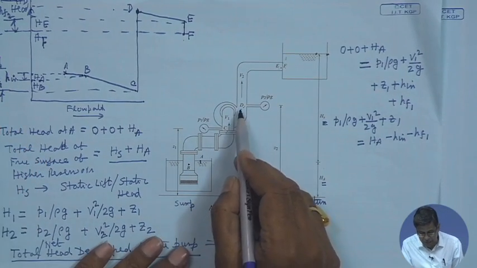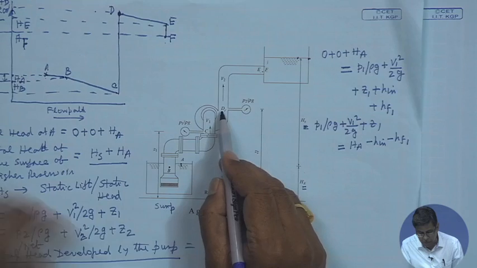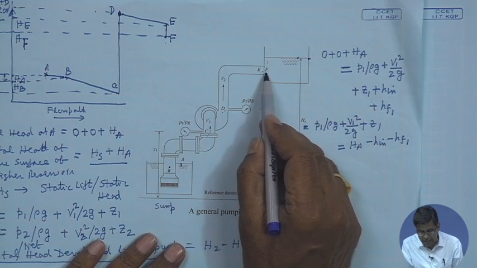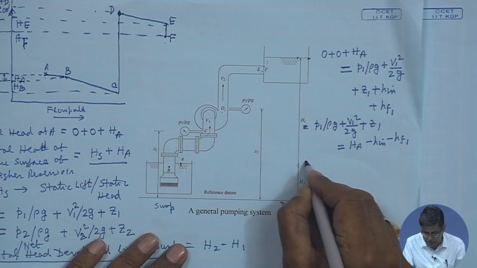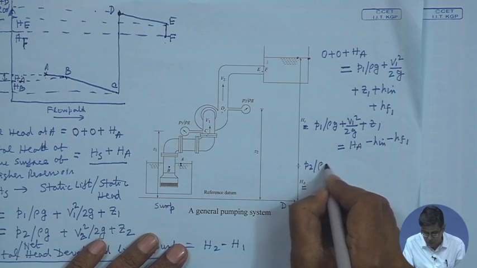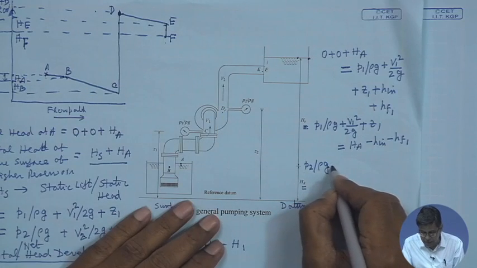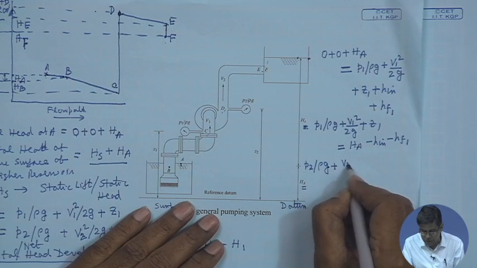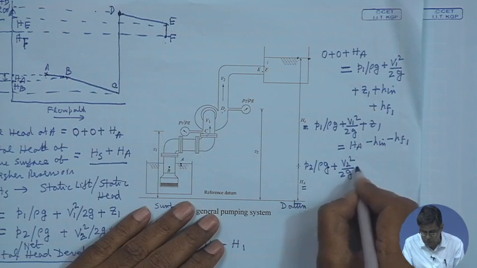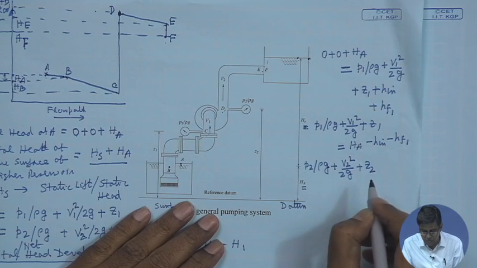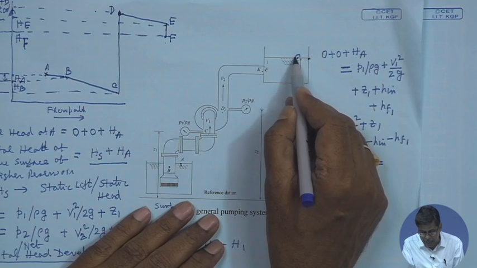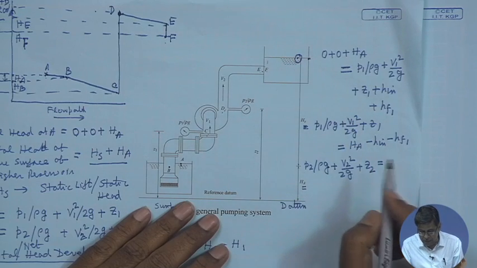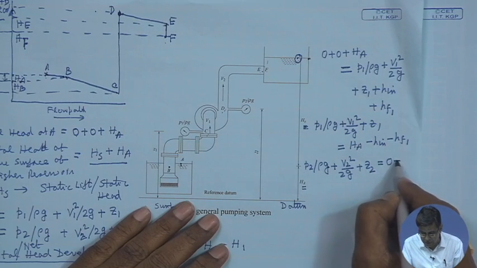Now, similarly, if we write the Bernoulli's equation between the point D and F, the final point, the fluid in the reservoir, water in the reservoir, then we can write P2 by rho g at the point D, the heads are like this, V2 square by 2g plus Z2, equals to, here at the free surface, same thing, all 0.